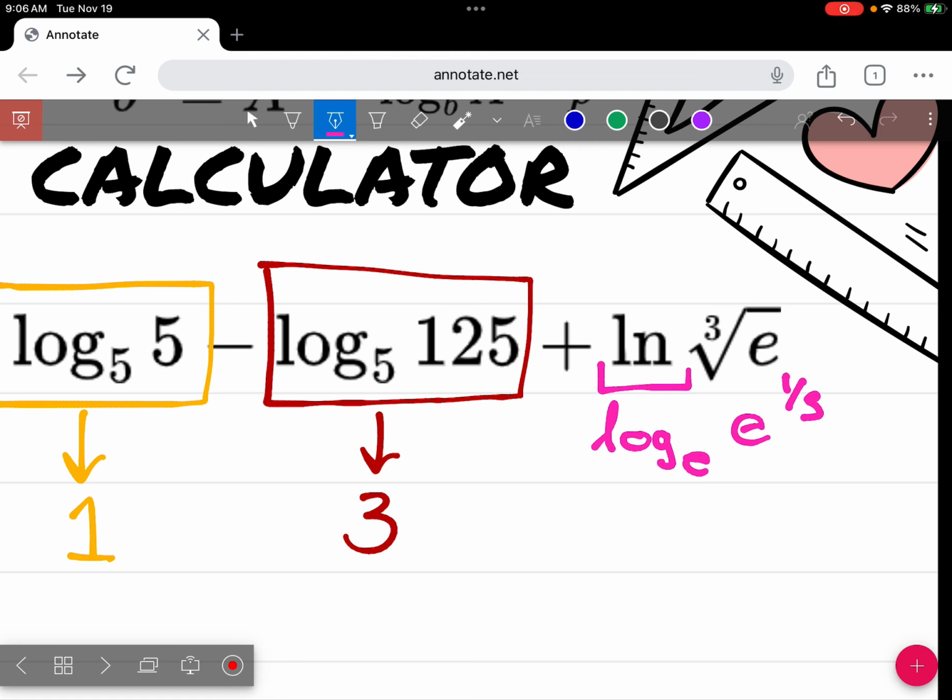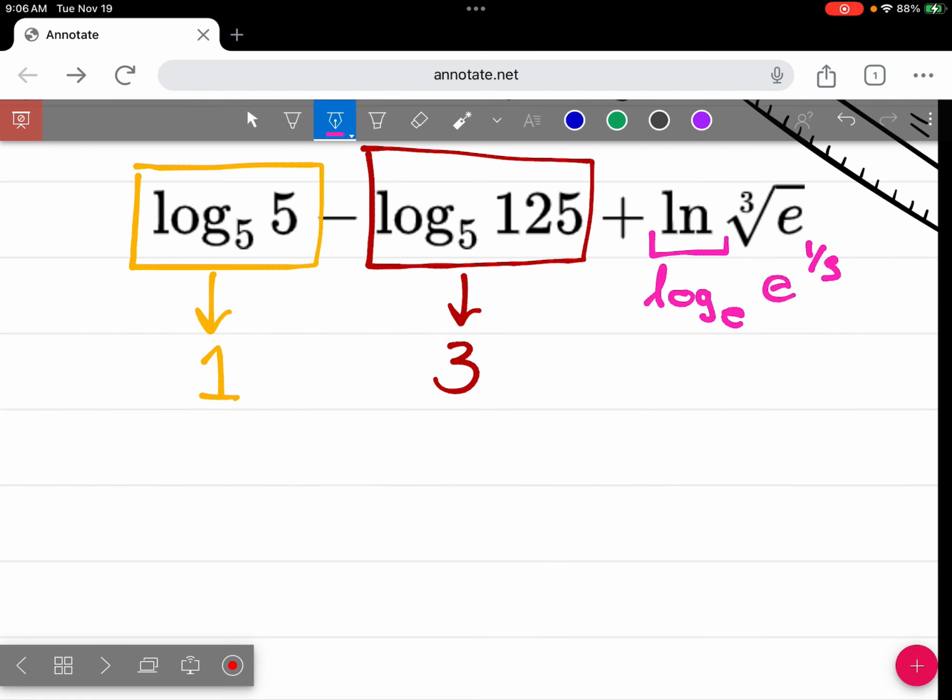So log base e of e to the 1/3. So e to what power is the same as e to the 1/3? To the 1/3, right? If I switch this around to exponential form, this is e to what power equals e to the 1/3? It would just be 1/3.